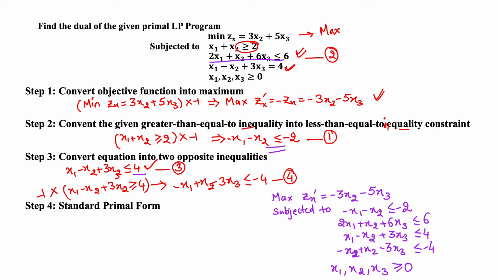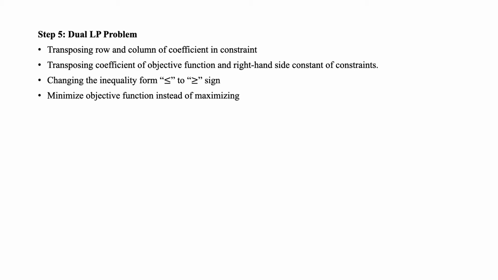Okay, where my objective function is in maximization form, all the constraint equations are in less than equals to form. Okay, next step is to convert the standard primal into the dual problem. So the steps involved in converting an LP problem into a dual LP problem start with transposing rows and columns of coefficients and constraints.